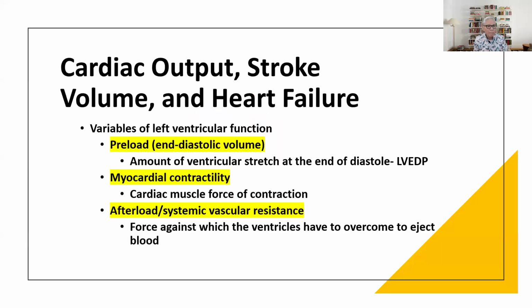So if this were the heart, let's say the right atrium and right ventricle, the volume of blood that goes into it is what is known as preload. You could have a right ventricular preload or a left ventricular preload, and preload is an important determinant of cardiac output. When we talk about preload, we are talking about the amount of ventricular stretch at the end of diastole.